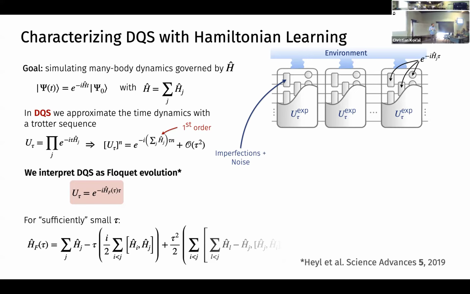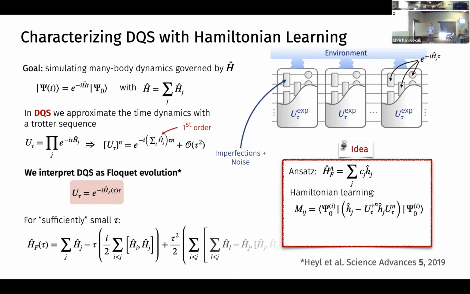So experimentalists want a scheme to characterize this Floquet Hamiltonian, and our idea was to use exactly the Hamiltonian learning I described before, imposing energy conservation for this Floquet Hamiltonian.